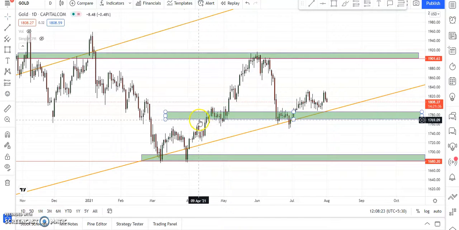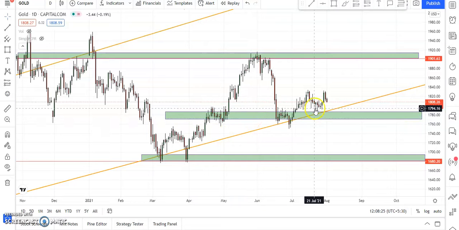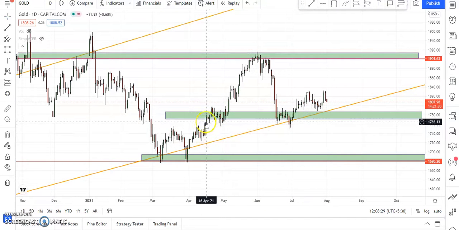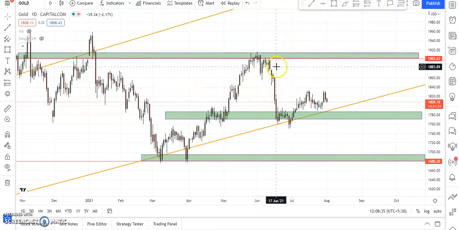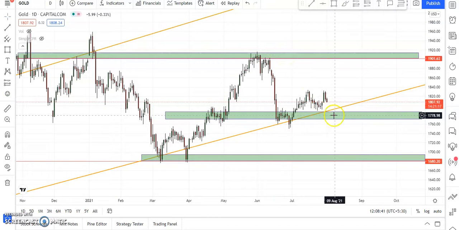This zone is providing good resistance, good support. It was resistance here, but it couldn't break through, so good support, and here's resistance. So you have to pay attention. This is a daily resistance and support. So if price is here in a daily support and resistance, be careful when you trade.